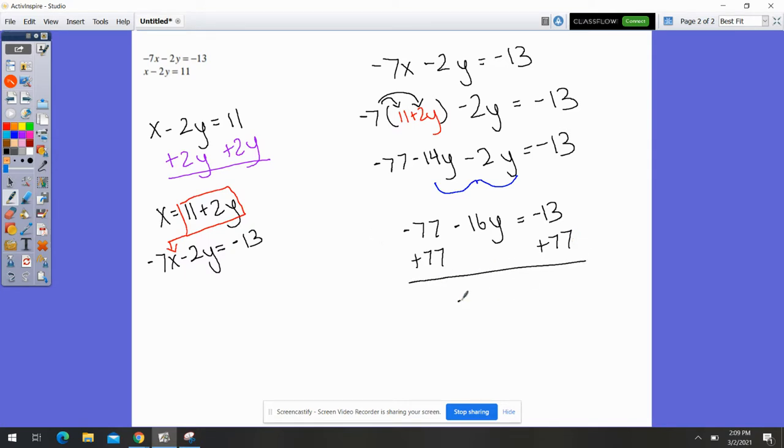So I'm going to bring down the negative 16y equals 64. And lastly, divide by negative 16. And we get 4. Negative 4, sorry.